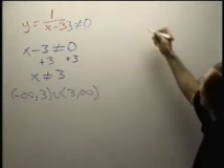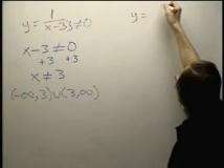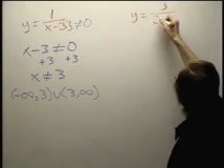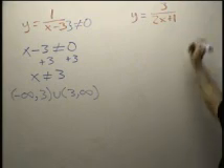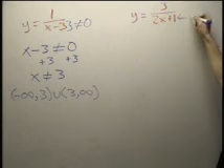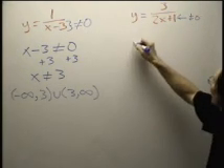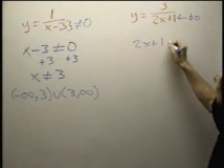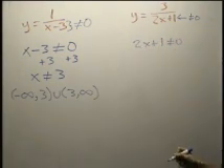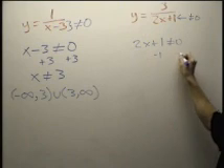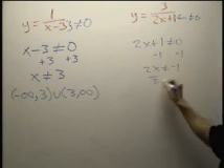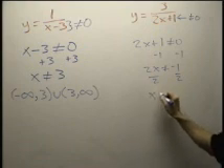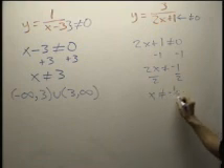So if we have y equals 3 over 2x plus 1, then again, this denominator cannot be equal to 0, so we write 2x plus 1 is not equal to 0. And solving this will give us our domain. 2x is not equal to negative 1. X is not equal to negative 1/2.